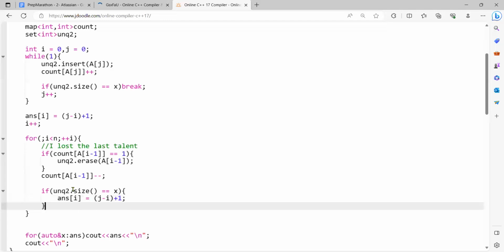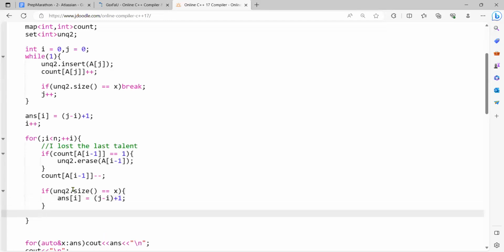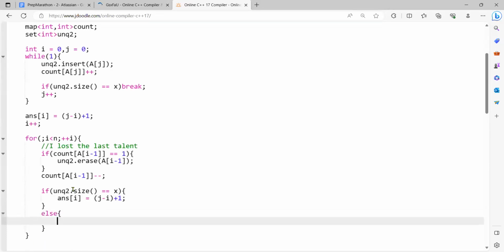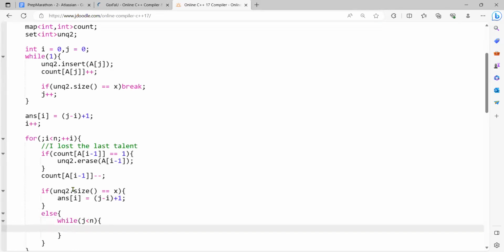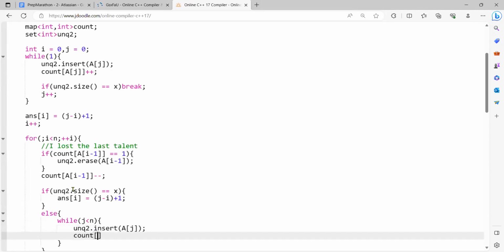Okay, I have enough talent. If I don't have enough talent, I need to get enough talent. So else, I have to get other talents. While j is less than n, I'll get that talent, unq2.insert that value, and I'll also increment the count.